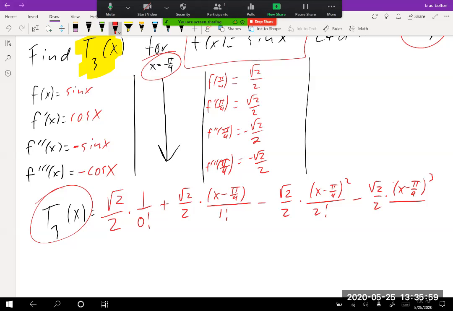Or third degree Taylor polynomial. And this would be over 3 factorial.